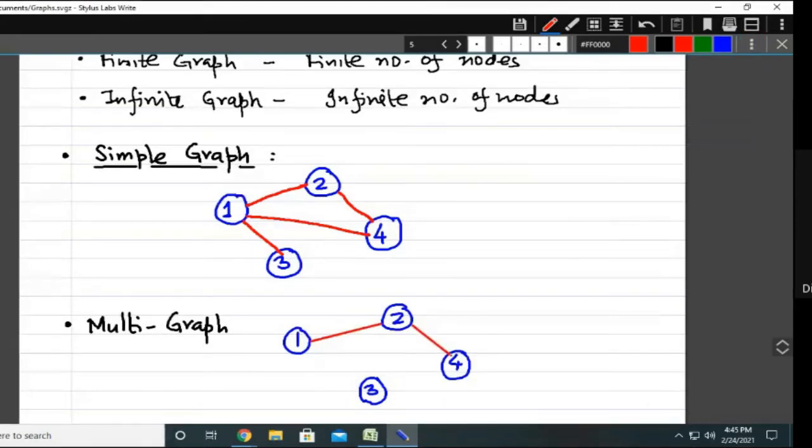This is an edge connecting, for example, these two nodes; this is a simple graph.